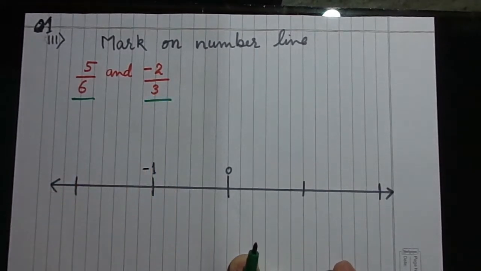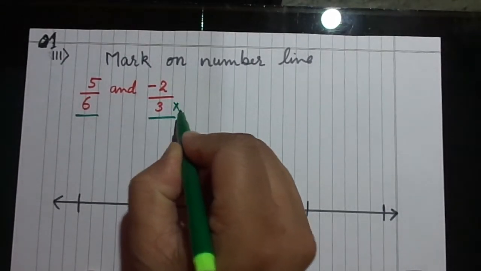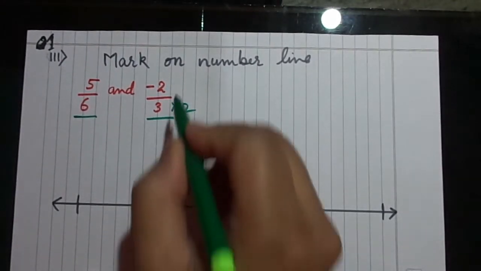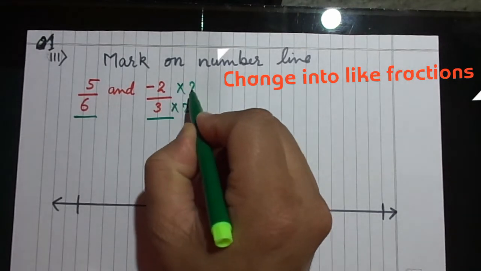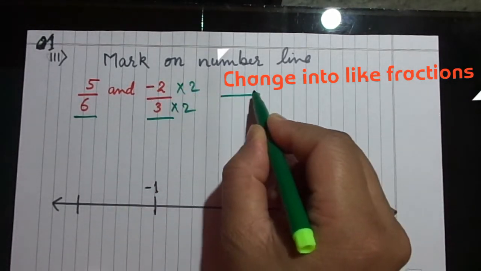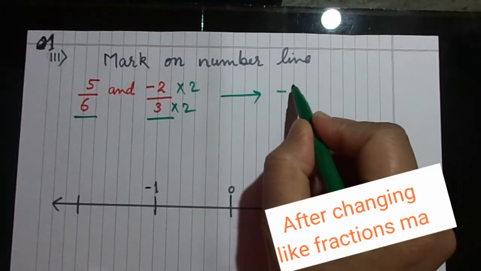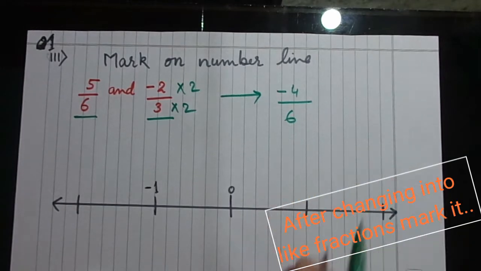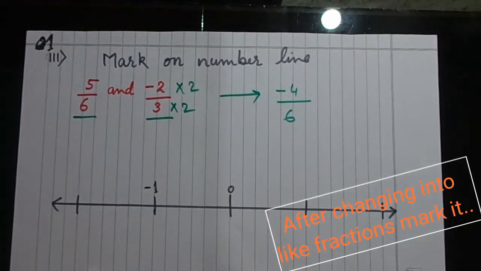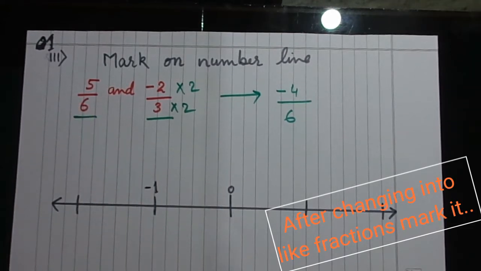So in that case, let me multiply this with 2. Therefore the numerator should also be multiplied with 2, and I'll get minus 4 by 6. The value of minus 2 by 3 can be rewritten as minus 4 by 6. Now I hope we all can mark it over here easily.